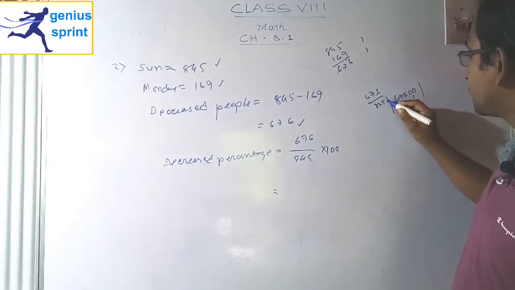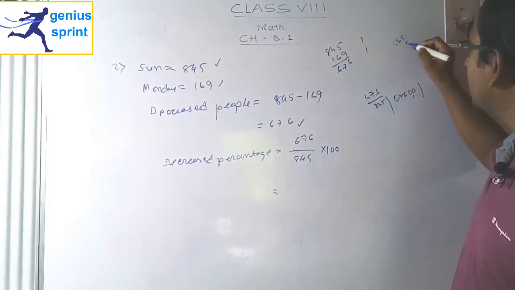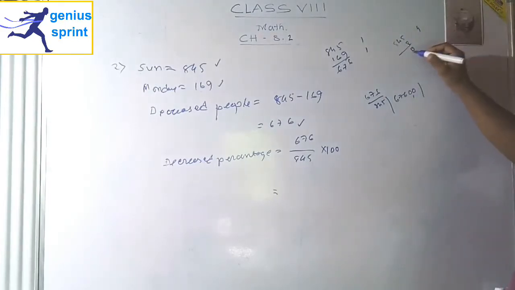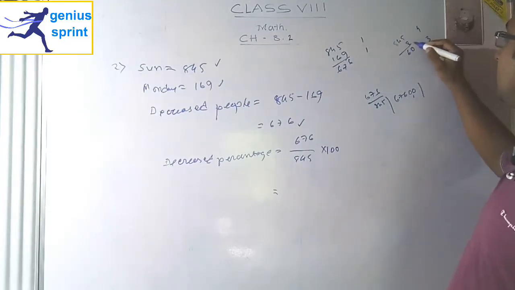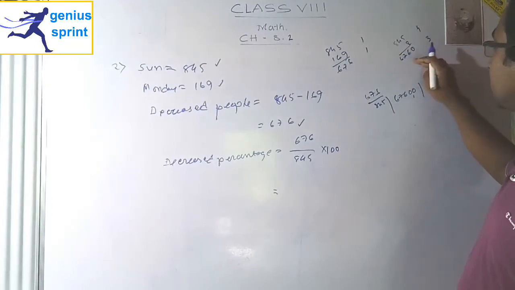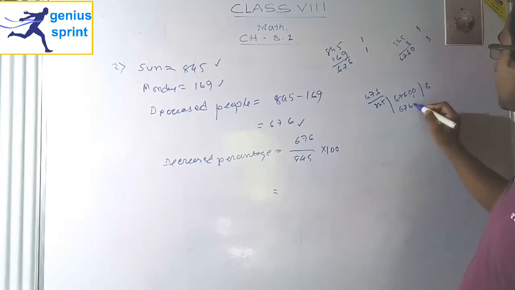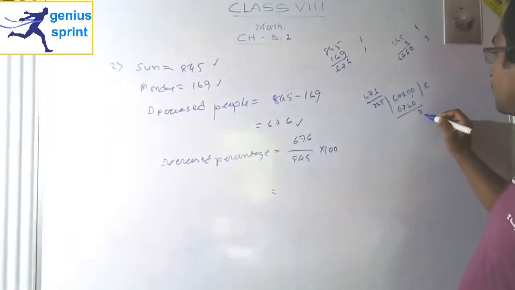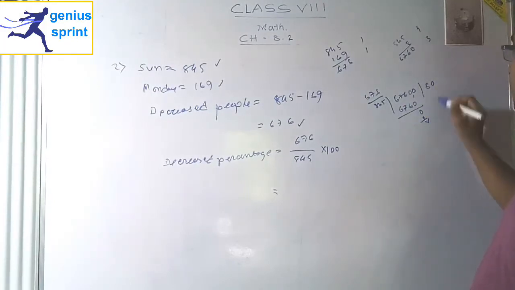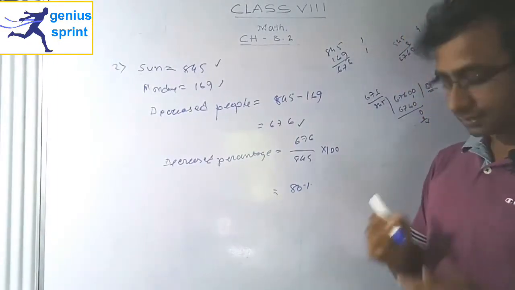So 845 times 8: 5 times 8 is 40, 0 carry 4, 4 times 8 is 32 and 4 becomes 36, 6 carry 3, 8 times 8 is 64 and 3 becomes 67. So 676, yes. So you will get 80. So here, 80% of people have been decreased.